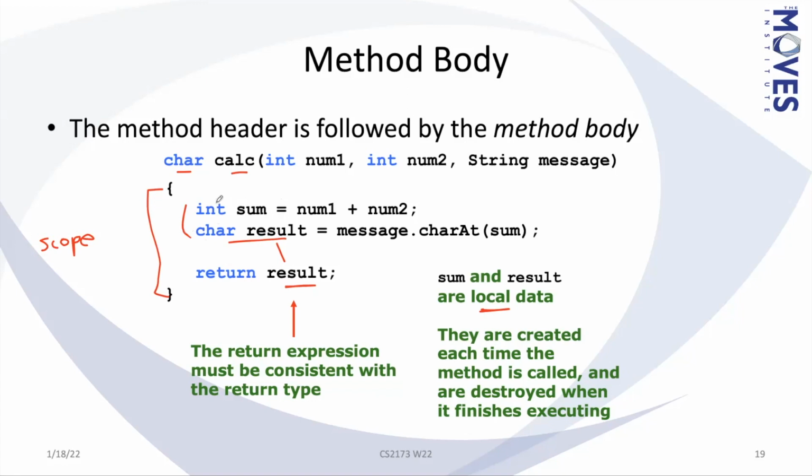And then if I call the method again, these variables get recreated. So these local variables do not persist from one call of the method to the next. The variables that do persist from one call to the next are the instance variables. So local variables have a scope which is only within a single call to the method.